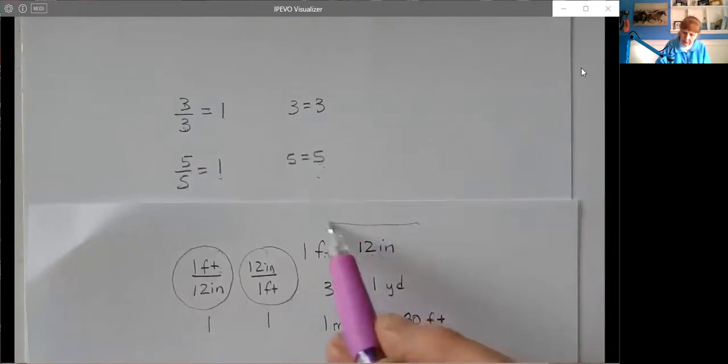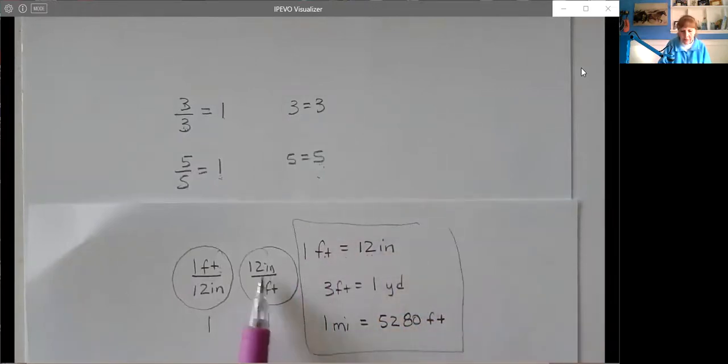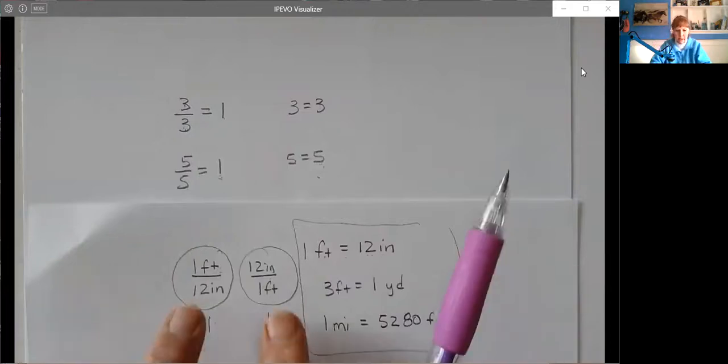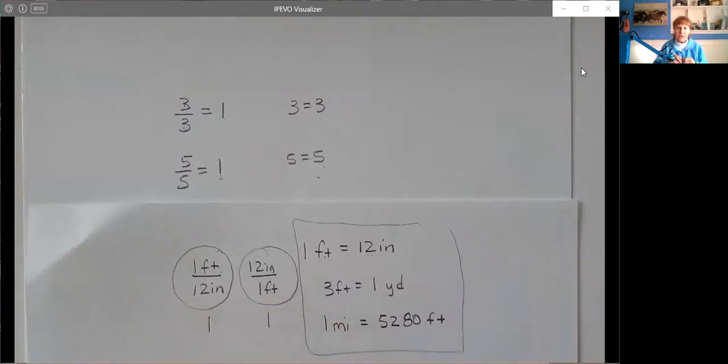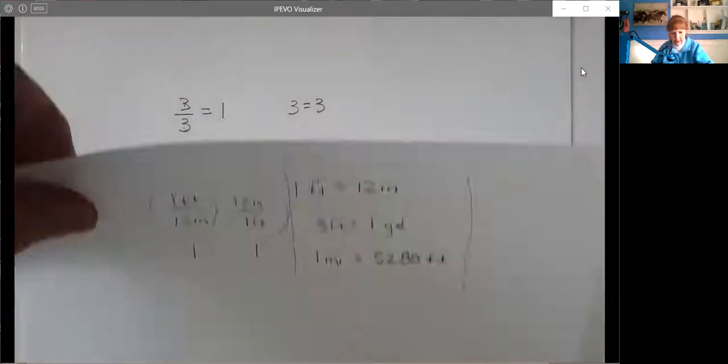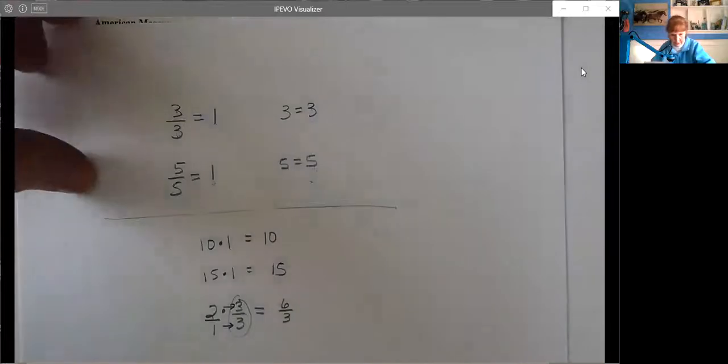So I can use these to create fractions that actually have a value of 1. So I can multiply them to numbers and not really change the value of the number I'm multiplying them to, just change its looks. So let's go ahead and get started knowing these facts here. I hope that kind of helped.